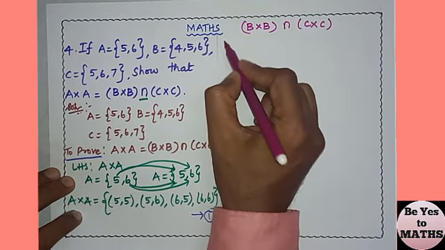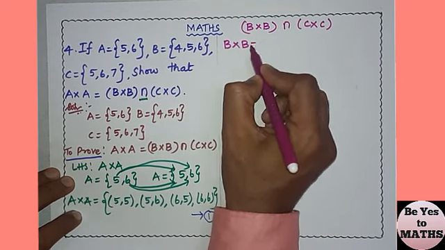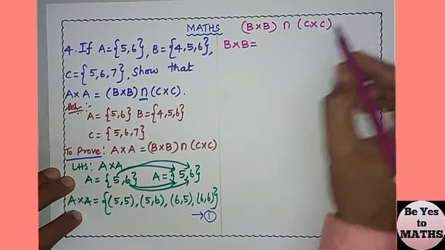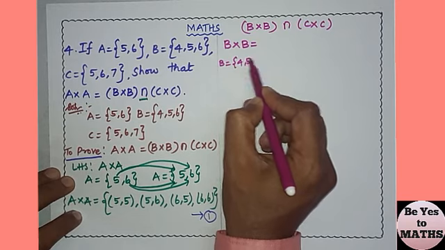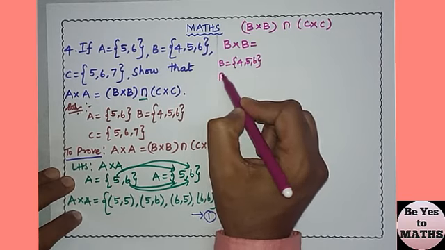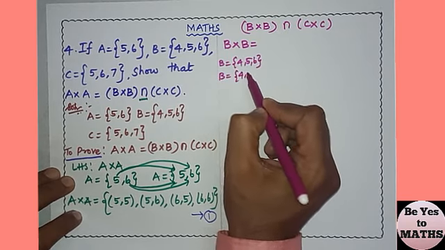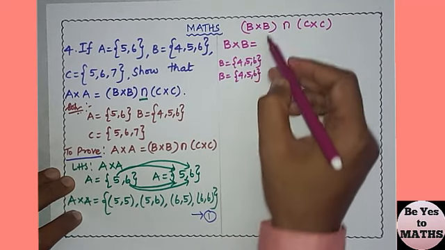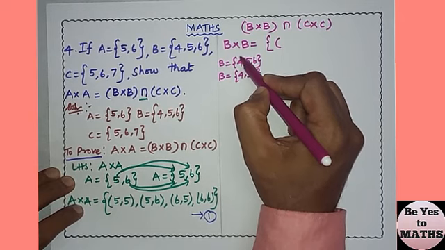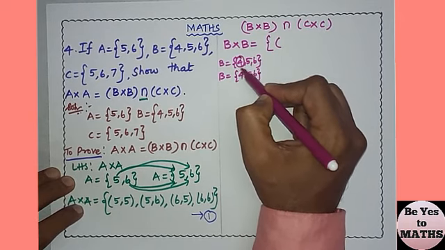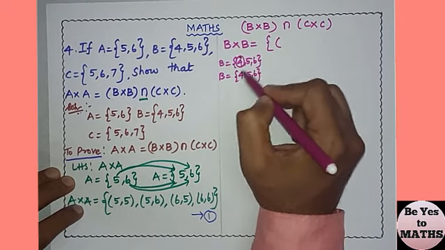First we'll find out B cross B. B set is 4, 5, 6. 4, 5, 6. Now take 4 and pair with all the elements in the other set.